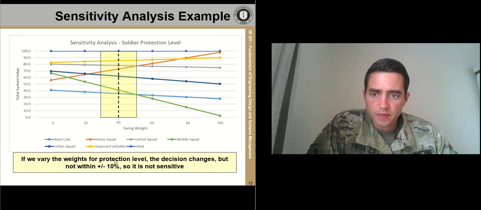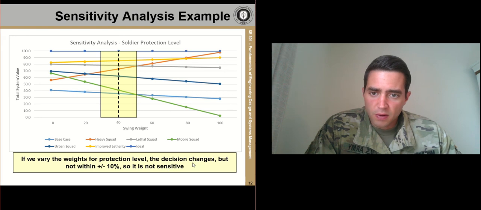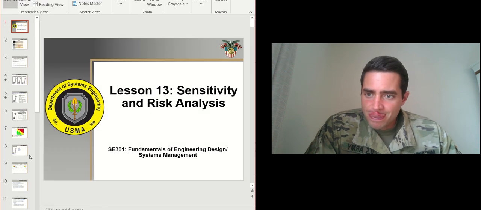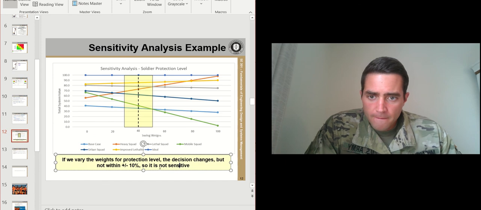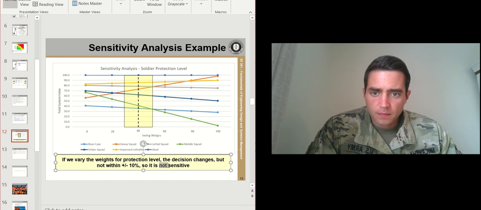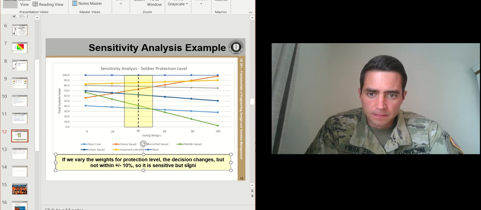If we vary the weights for protection level, the decision changes, but not within plus or minus 10%. This is actually a typo which I'll change right now. It's sensitive, but not significantly sensitive.